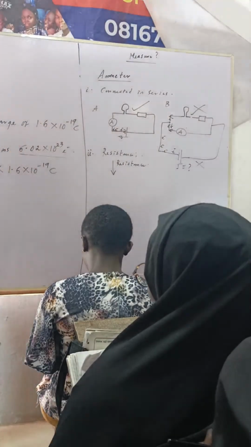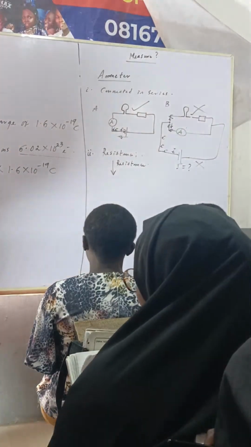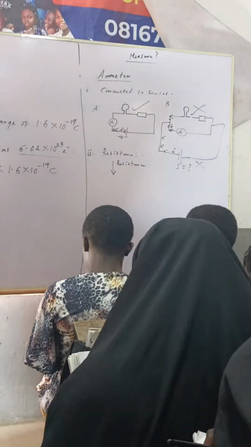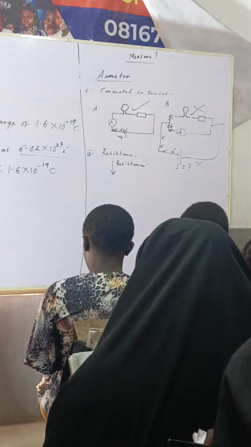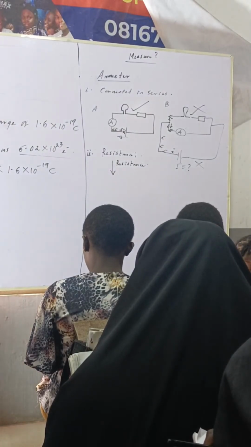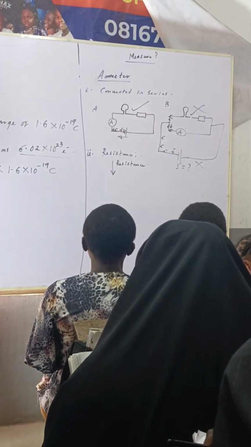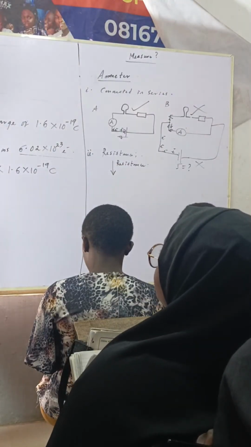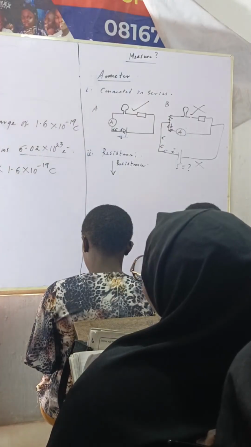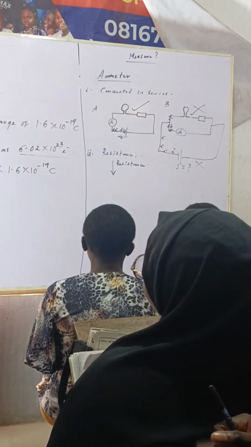So now that we know what the ammeter does, the next thing to look at is your voltmeter. There's an instrument called a voltmeter. A voltmeter helps you to measure the potential difference.